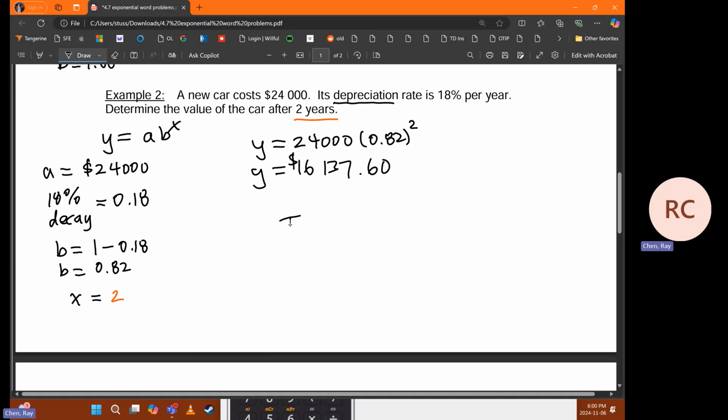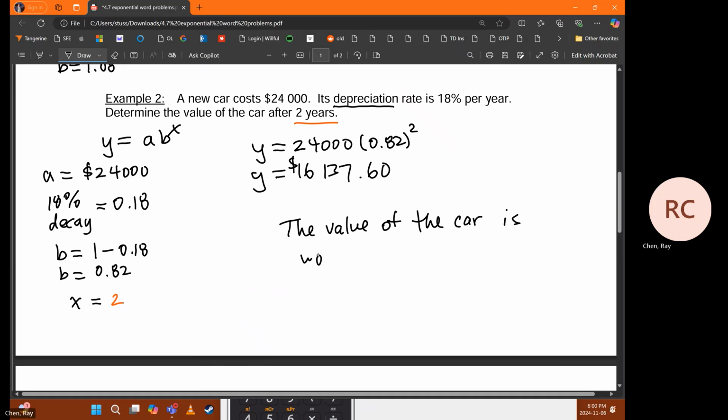So the value of the car, and I know it's shocking, is worth only $16,137.60 after 2 years.